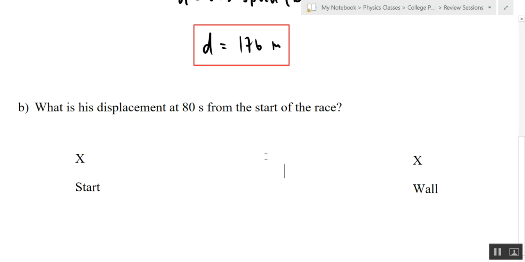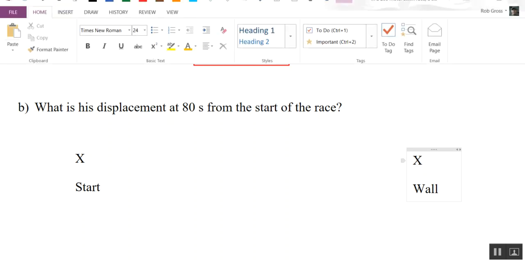So how much further does he go from the wall if it's 176 meters? He goes 26 more meters, right? 150 gets him to this wall for the second time, and then you subtract 150 from 176, which gives you 26 meters. He's 26 meters from the wall.